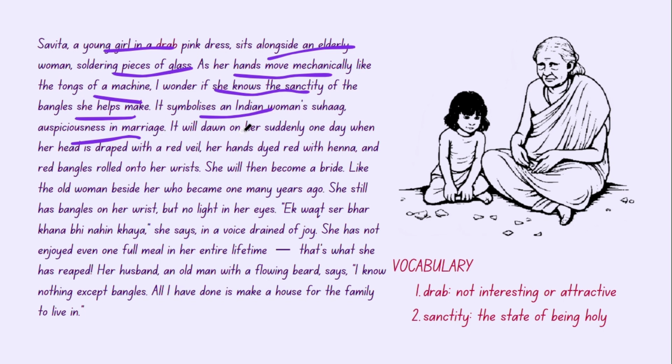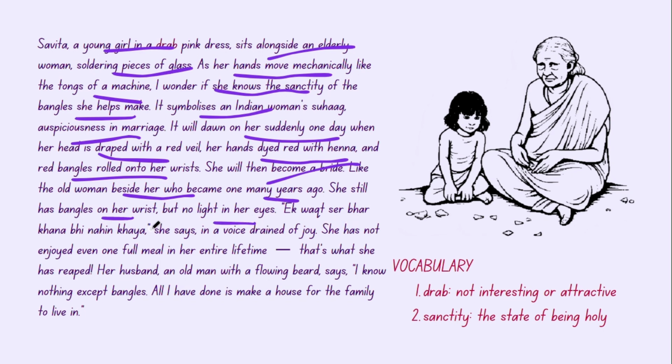It will dawn on her suddenly, one day, when her head is draped with a red veil, her hands dyed red with henna, and red bangles rolled onto her wrists. She will then become a bride, like the old woman beside her, who became one many years ago. She still has bangles on her wrist, but no light in her eyes.